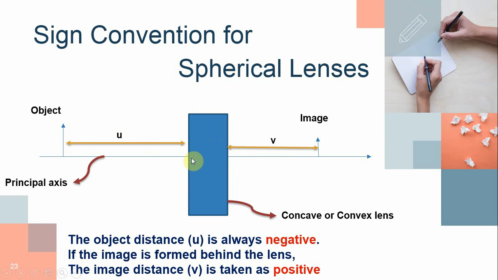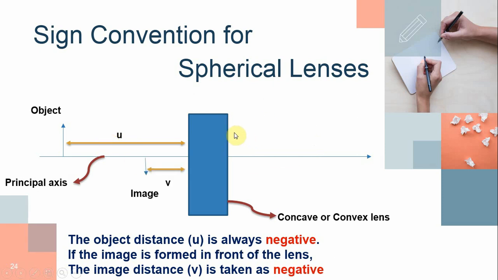Now the left side of the lens, that means u is always negative, and the right side, the image, we take as positive. If the image is formed behind the lens, then the image distance is taken as positive. Now here u is negative, v is positive.